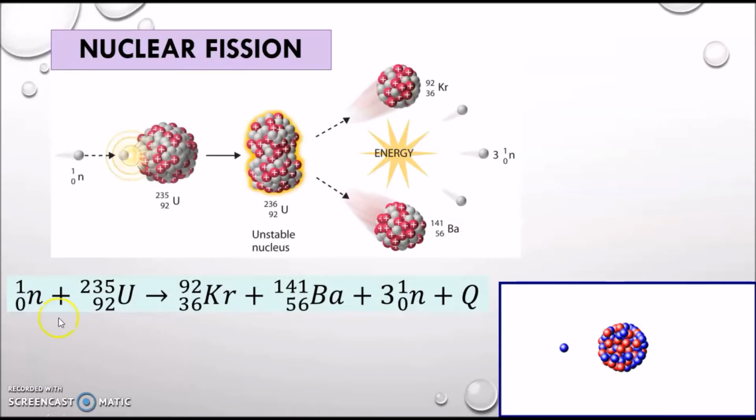So from the equation, we see that a neutron particle plus uranium will produce krypton plus barium plus 3 neutron particles plus energy. So the total number of nucleons on the left side and the total number of nucleons on the right side should be equal. Same goes for the proton number.